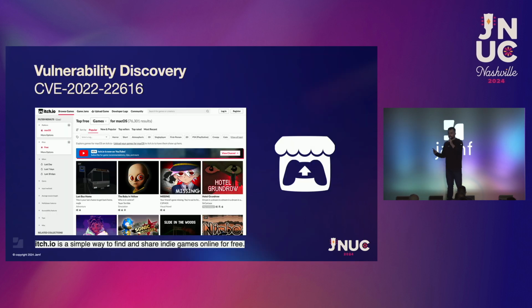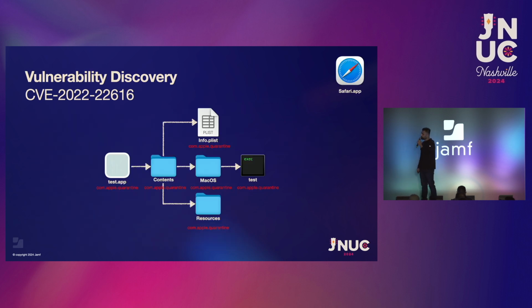So this was actually an interesting scenario. We discovered this vulnerability through a website called itch.io, where indie game developers can share games, and users can just download these games and support these independent developers. What we noticed was that typically when you download an application from the internet, you expect to see that quarantine attribute on all the items, like on the app bundle and all the files and folders within it.